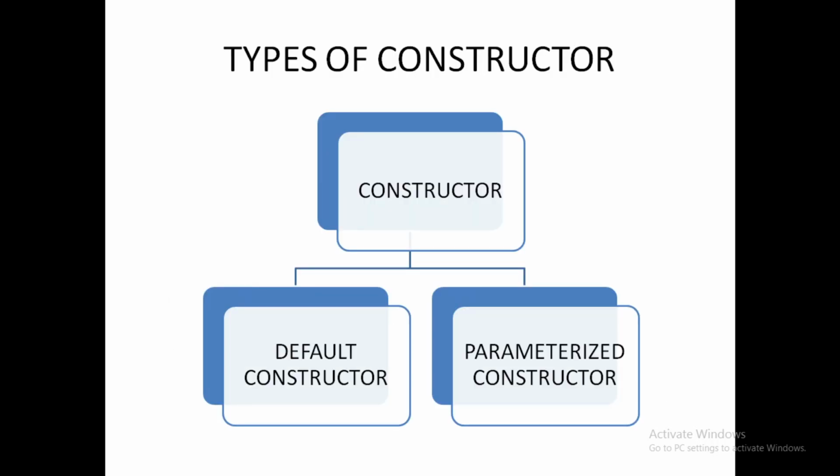Now that we have learned a little bit about constructors, we'll see how many types of constructors are available in Java. In Java, there are two types of constructors available. One is the default constructor and one is the parameterized constructor. The default constructors are the ones which do not accept any values, and the parameterized constructors are the ones which accept some values.